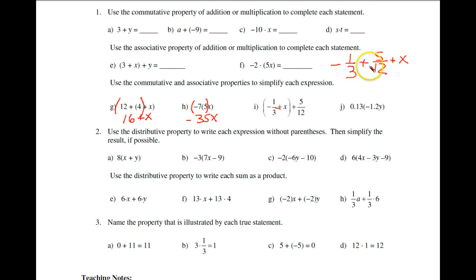Now to simplify this, we have to get a common denominator again, which is 12. 3 times 4 is 12, so this becomes a negative 1 times 4, negative 4. So this becomes 1/12 plus x.